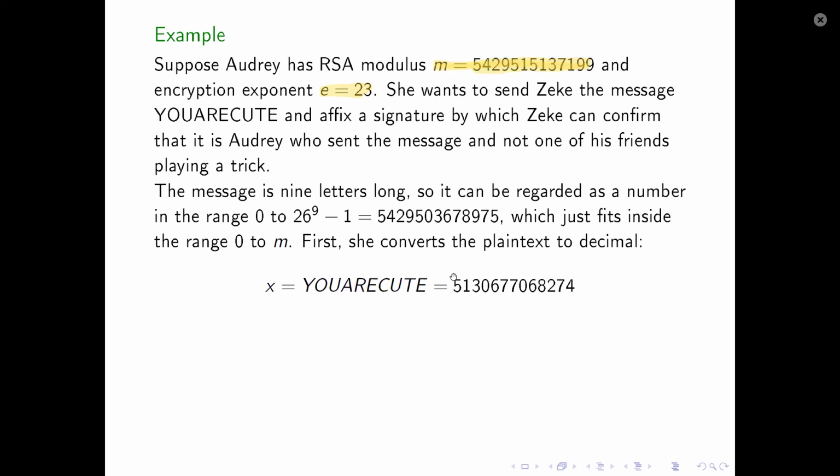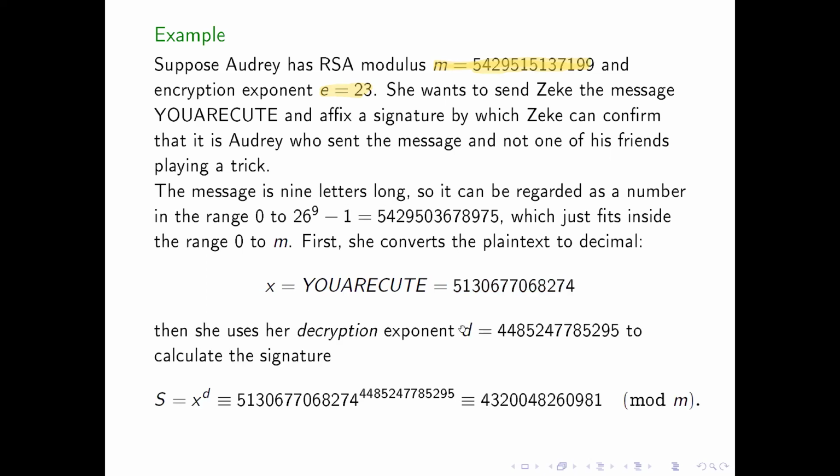And this is what "You are cute" looks like if you turn it into decimal form. That means I took Y, which turned into, let's see, 24, but that's 24 times 26 to the 8th power, and then O, etc. Change each of them.